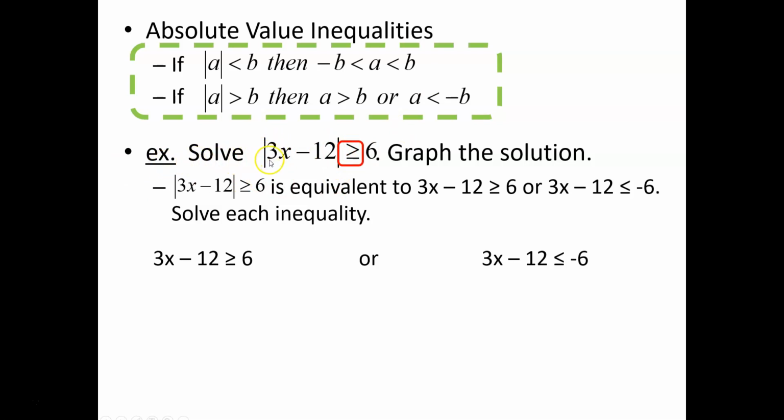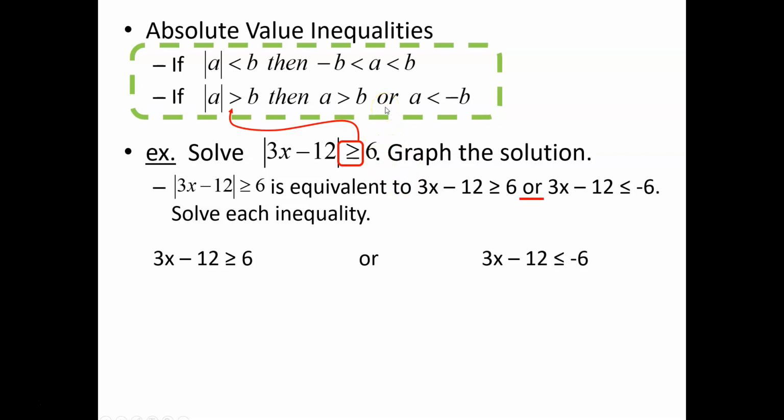We're going to solve the absolute value of 3x minus 12 is greater than or equal to 6. So greater than or equal follows this line right here. So that means 3x minus 12 is greater than or equal to 6.